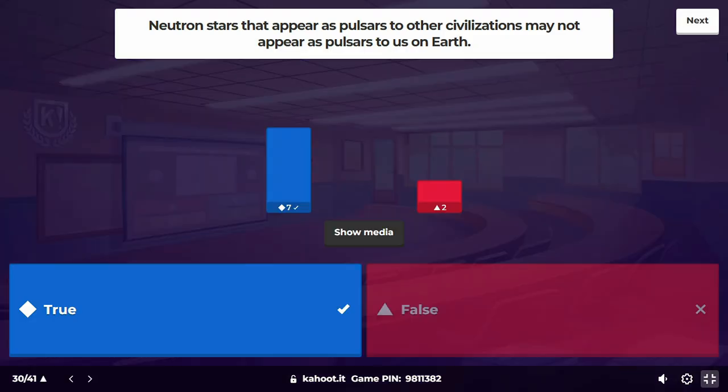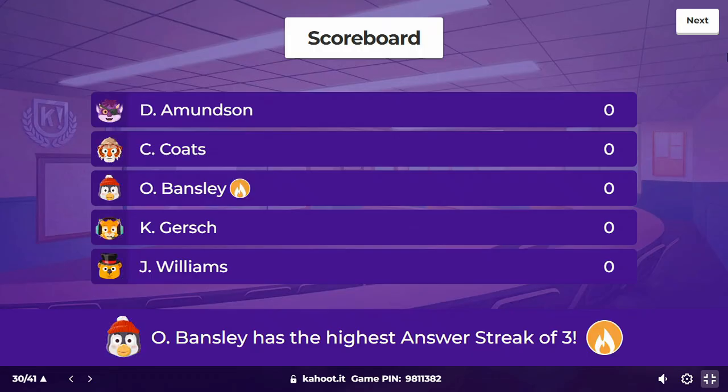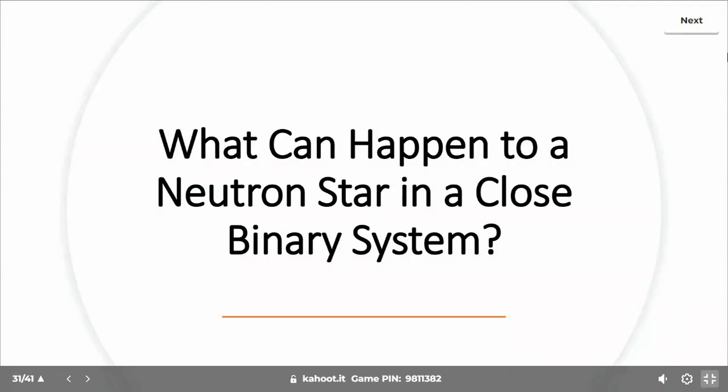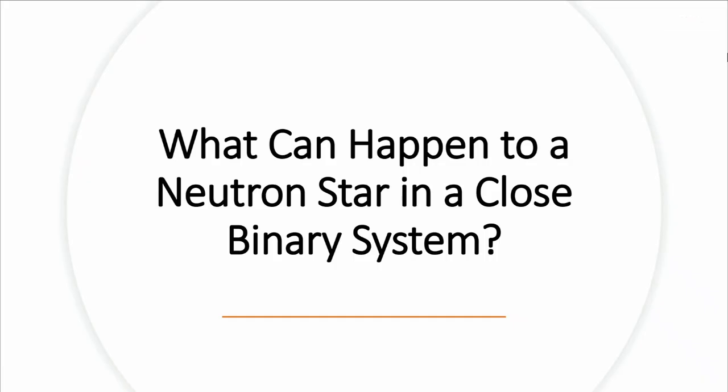So this one is true. The only way you see it as a pulsar is if you're directly along the line of its radiation. There are different orientations where the neutron star is spinning, but the beam of radiation never points at you.